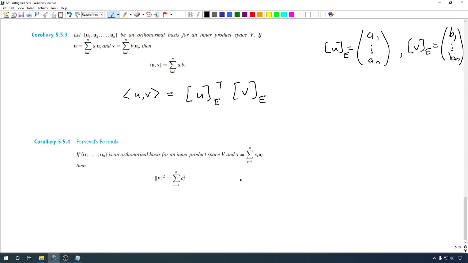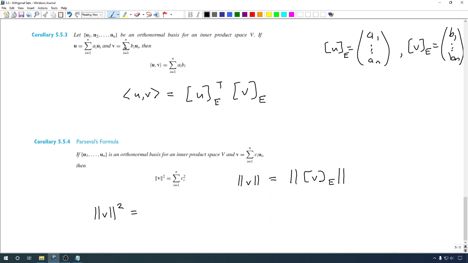You can say here that the norm of v is literally just the norm of the coordinate vector of v. It's the magnitude of that. And here we don't even have to really use the orthonormal property to derive this.